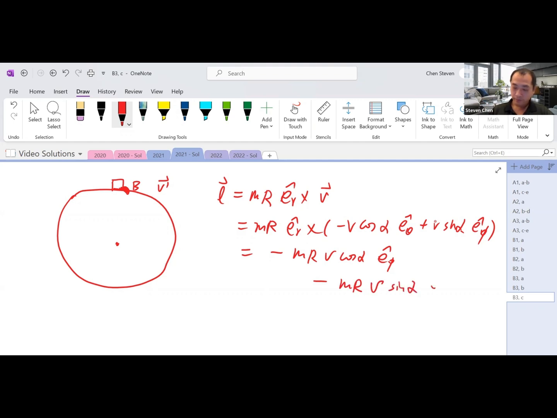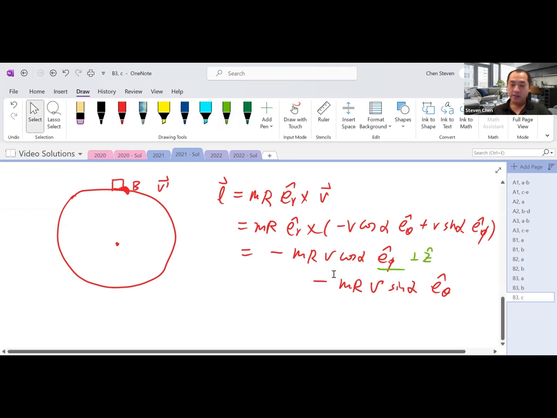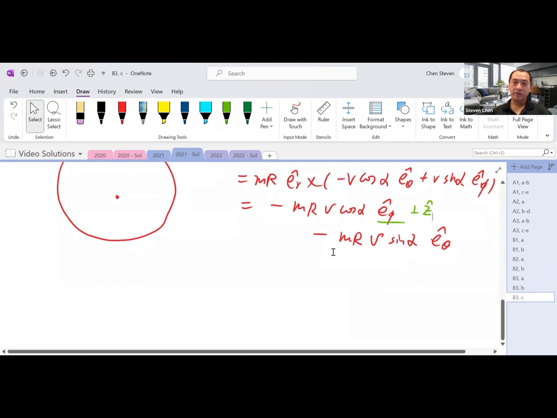Don't forget that we are only interested in the z component. Recall, as I explained before, that E phi, the latitude unit vector, is perpendicular to z, so it doesn't contribute to the z component.